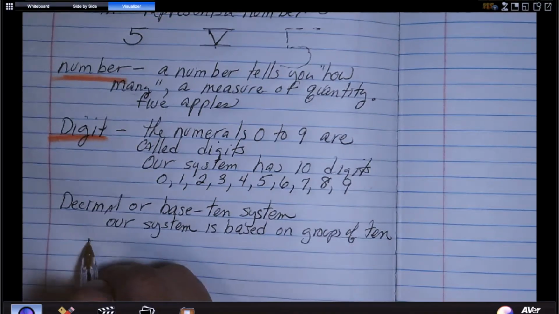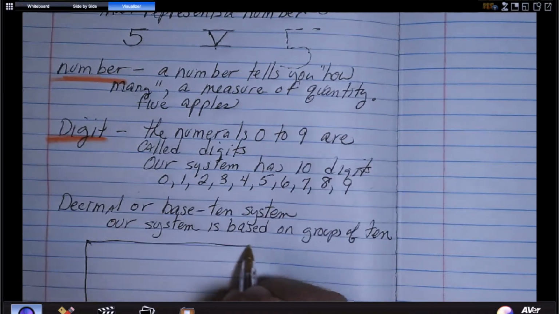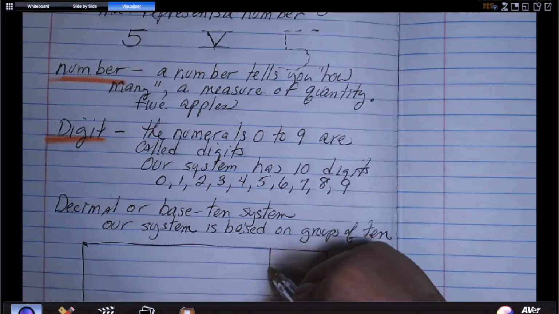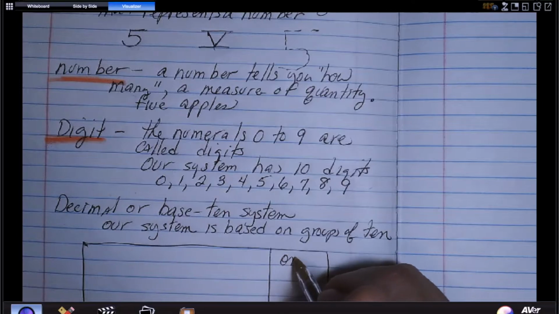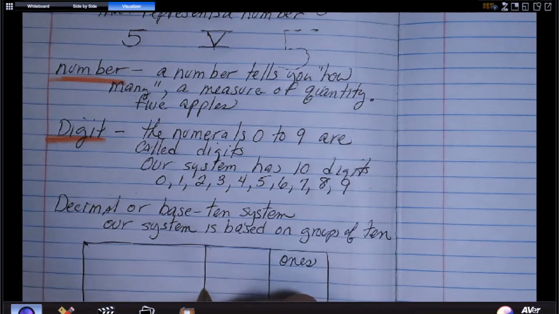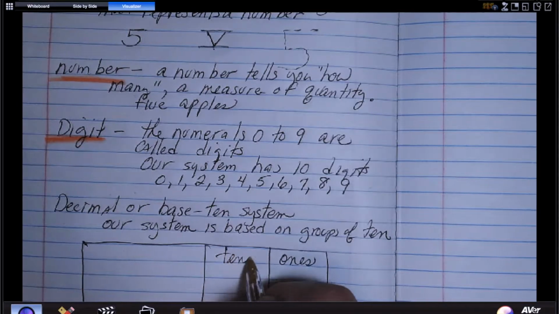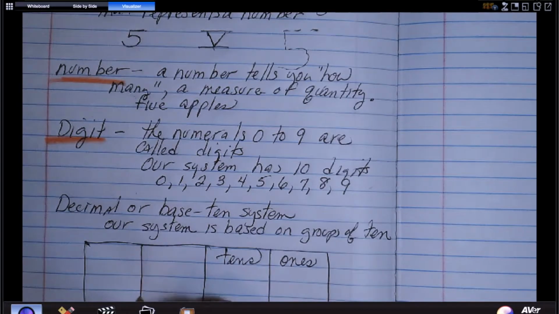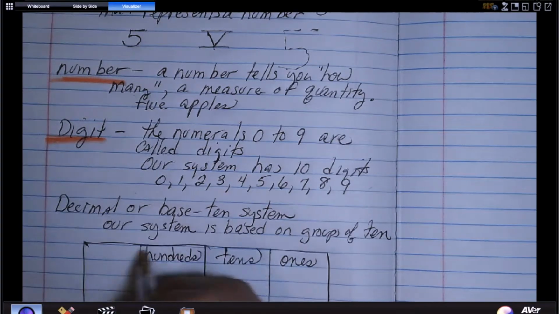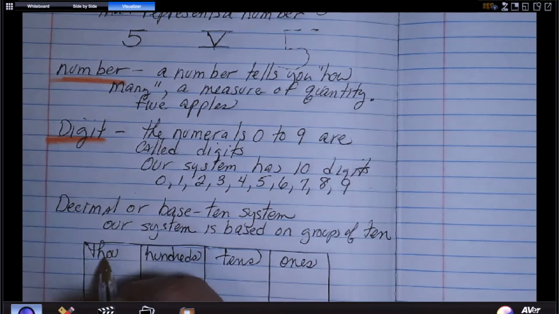So let's go ahead and look at a little chart here. We have ones, tens, hundreds, and thousands.